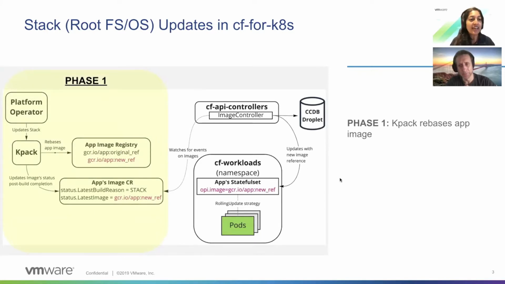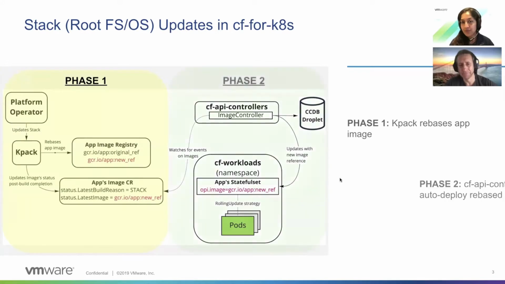This happens after the platform operator uses kubectl to update the cluster stack. kpack would automatically rebase all the app images that are using that cluster stack and will generate new OCI images in the configured app image registry as a result. kpack will also update the corresponding image with this new image reference, as well as a latest build reason, which is stack, and this will be critical for phase 2.